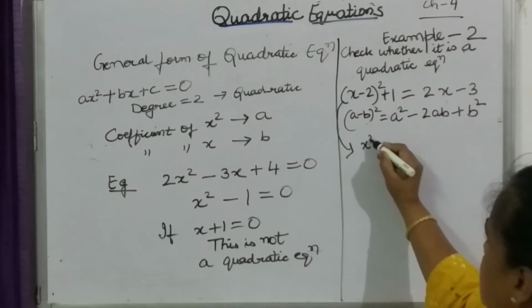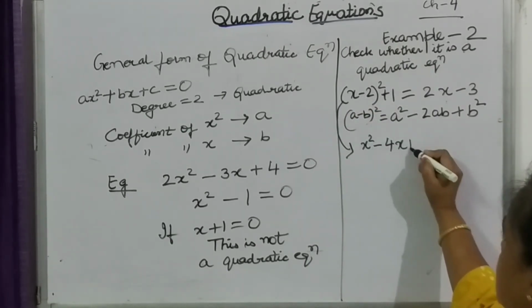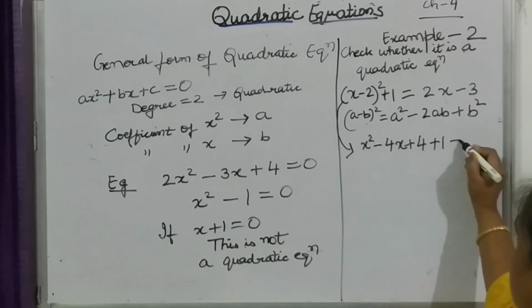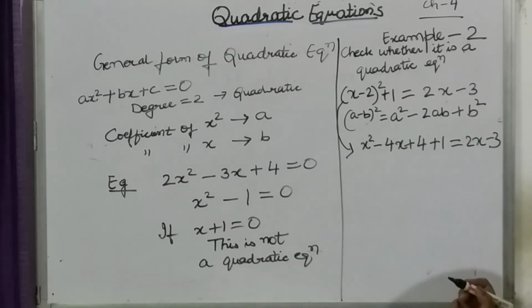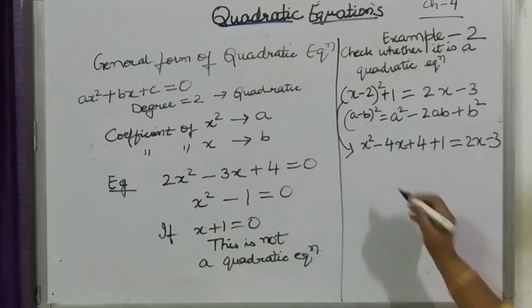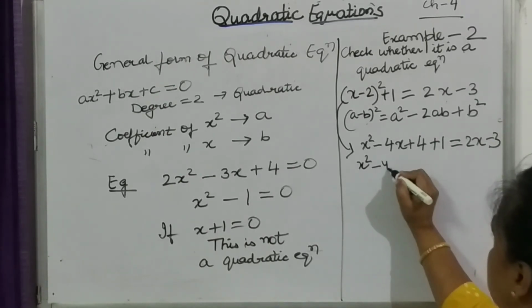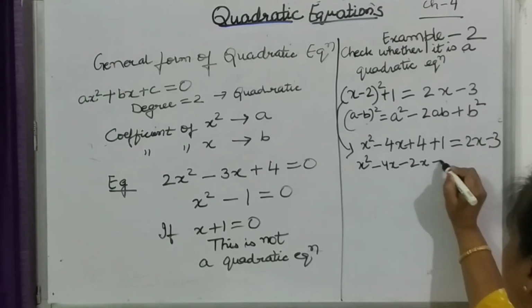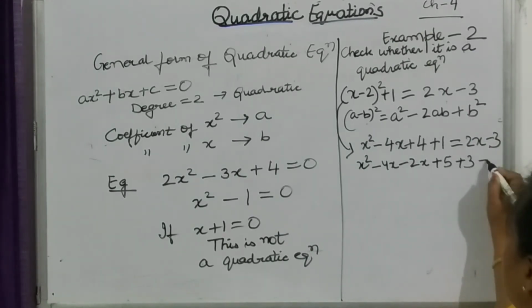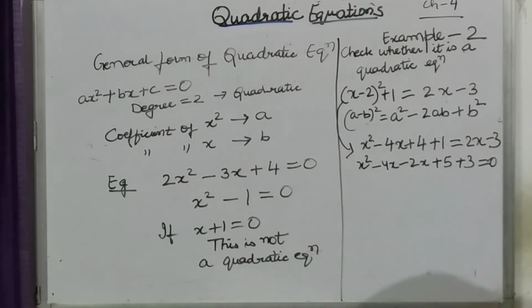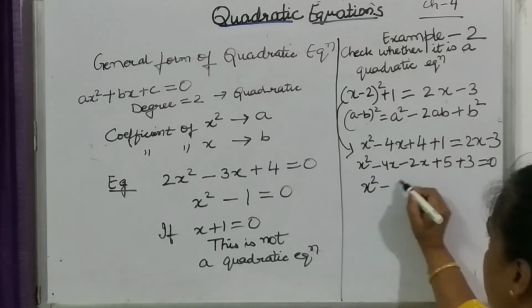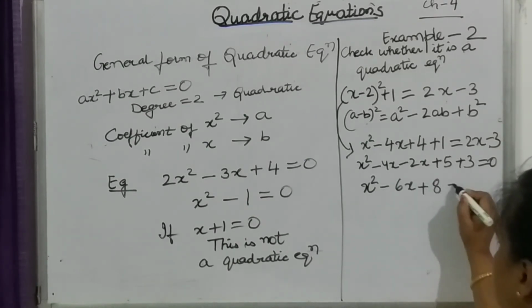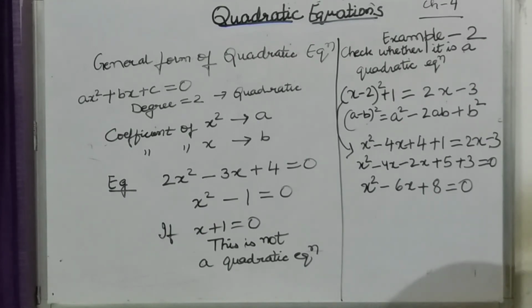So I'm going to get x square minus 4x plus 4 plus 1 is equal to 2x minus 3. Now, as you know, how do you solve these kinds of equations? You take everything on one side. So x square minus 4x minus 2x plus 5 plus 3 is equal to 0. I have taken everything on the left hand side and the right hand side becomes 0. So this becomes x square minus 6x plus 8 is equal to 0. Right?